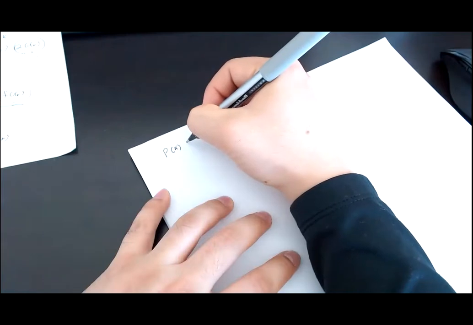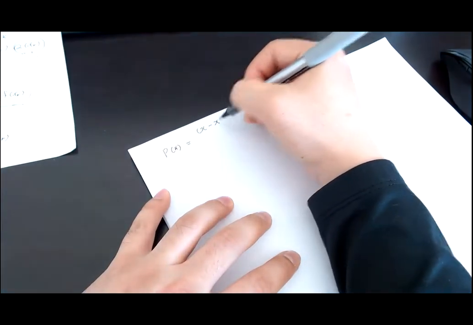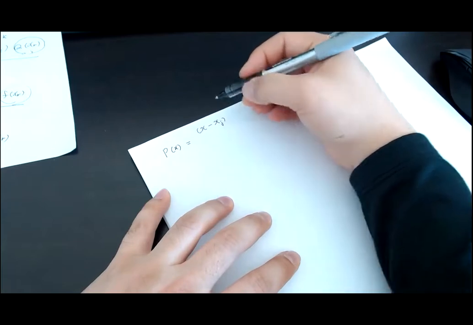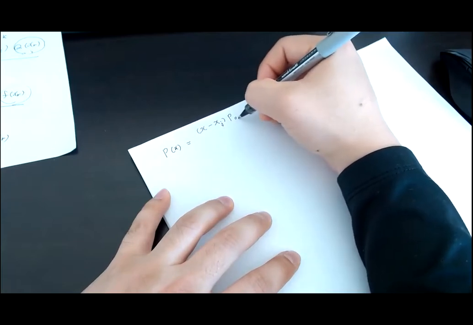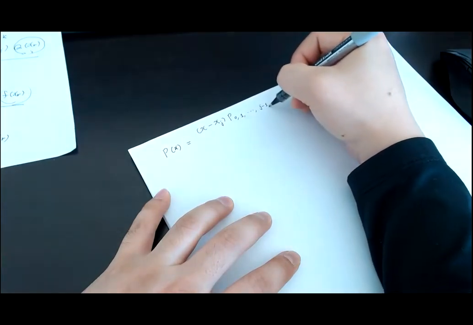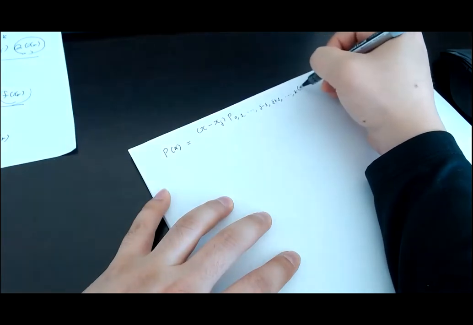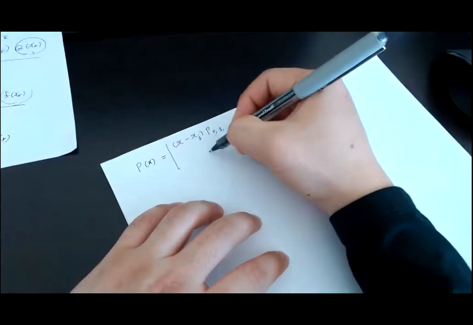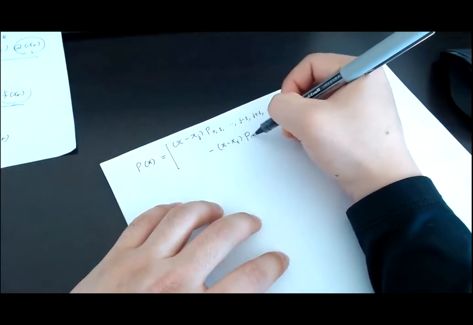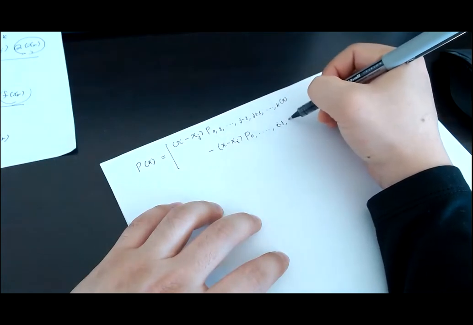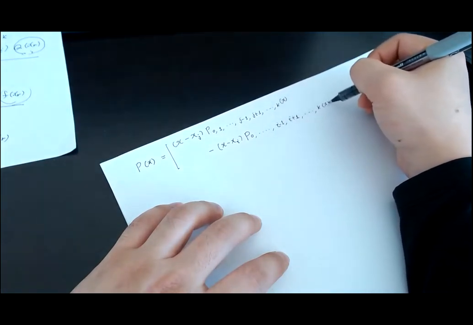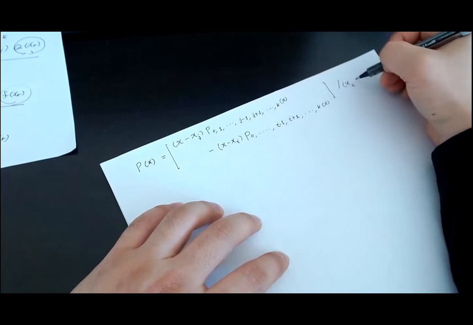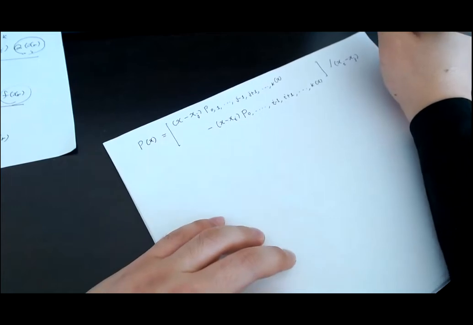P of x was x minus xj, times P0, 1 through j minus 1, j plus 1 through k of x, minus x minus xi, times P0 through i minus 1, i plus 1 through k of x, over xi minus xj, right?